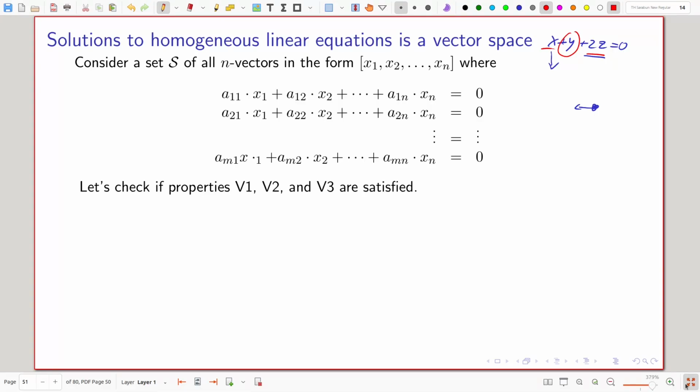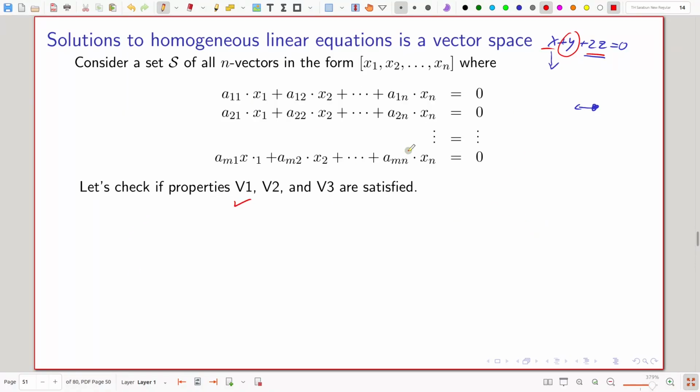They also form a vector space. The reason is that if you put 0 for all the variables, this set of equations is satisfied. So property V1 is true.